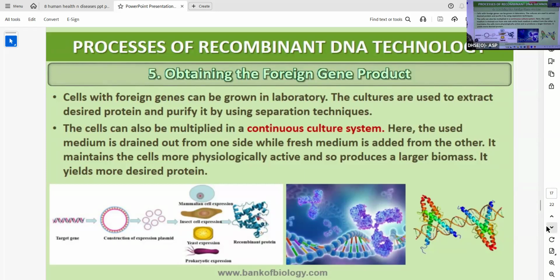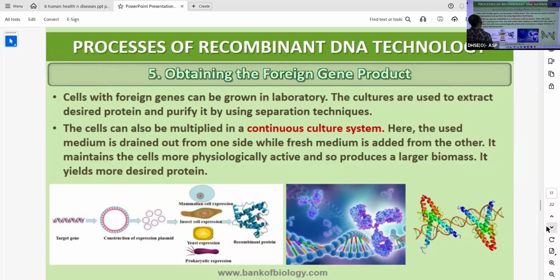Okay, in this process, those that were successful are transformants and those that were not are non-transformants. Cells can also be multiplied in a continuous culture system. Here the used medium is drained out from one side and fresh medium is added from the other side. It maintains the cells more physiologically active, so it produces a larger biomass.